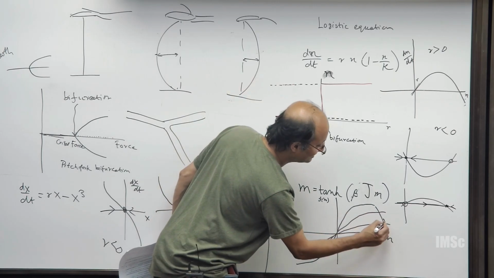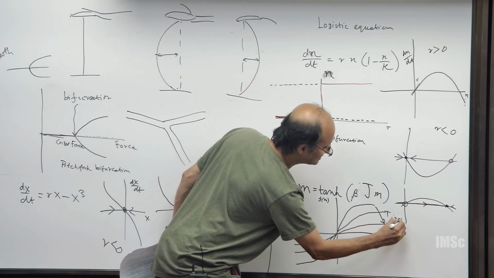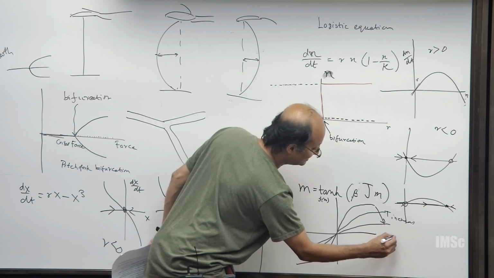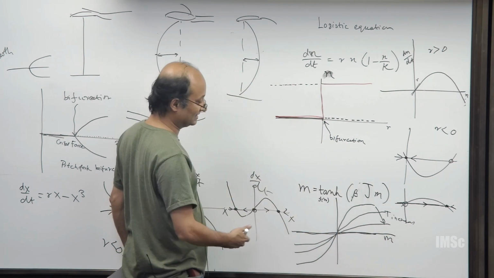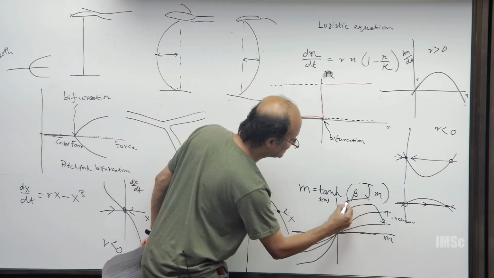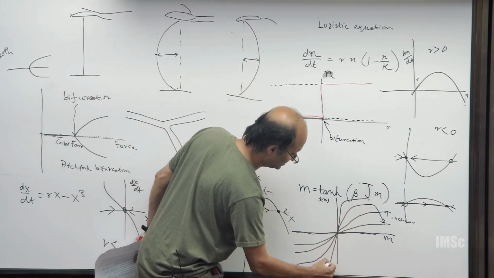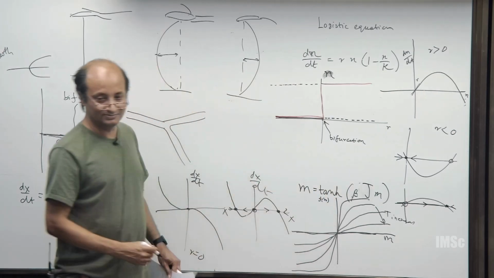So here temperature increases or beta decreases. At beta equal to 0, that is temperature going to infinity, this is just a flat horizontal line, but as temperature goes to 0 or beta increases, this becomes like this.